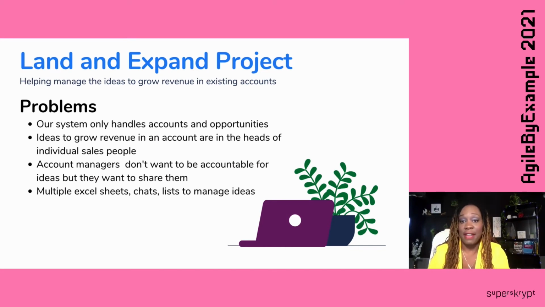You've done all of your vetting, you've asked the right questions, you know they have a need, you've done some qualification to confirm that they could be a customer. So you handle the accounts that you've already landed one way, but you handle the opportunities a different way, for sure. So once you've landed the account and they've bought from you the first time, you may have new ideas as to how to keep getting the revenue out of them, what else you could sell them, the cross-sells, the upsells, and so on.